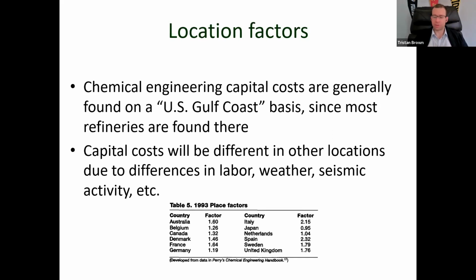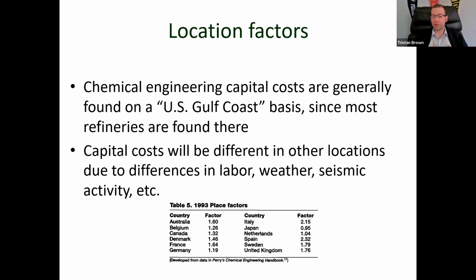And most of those, at least in the US, are clustered in the US Gulf Coast. And so the cost estimates and the inflation factors are generally based on the Gulf Coast. And so process models, where they basically figure out all the equipment, assume that equipment is coming from or based on the US Gulf Coast.